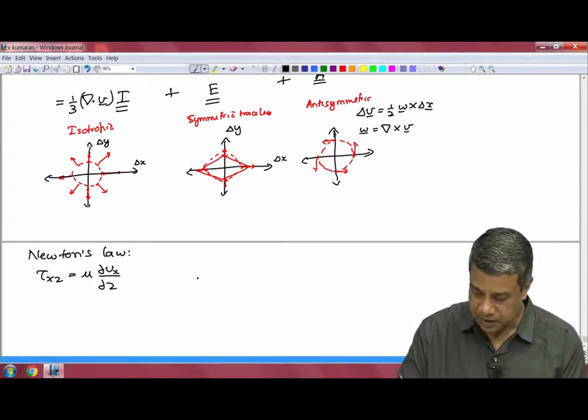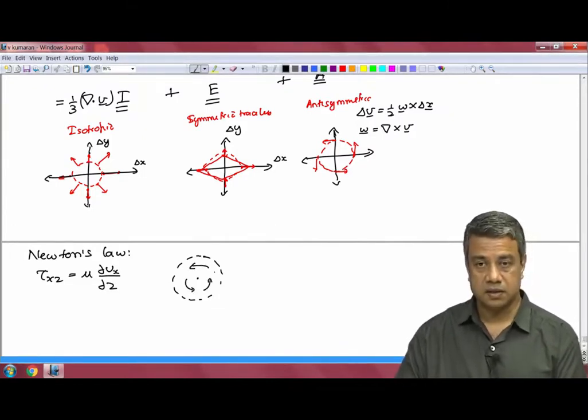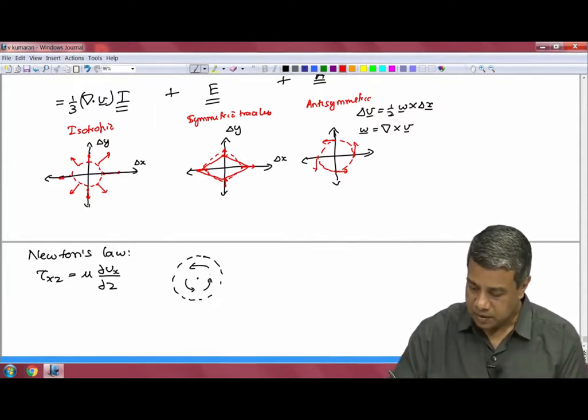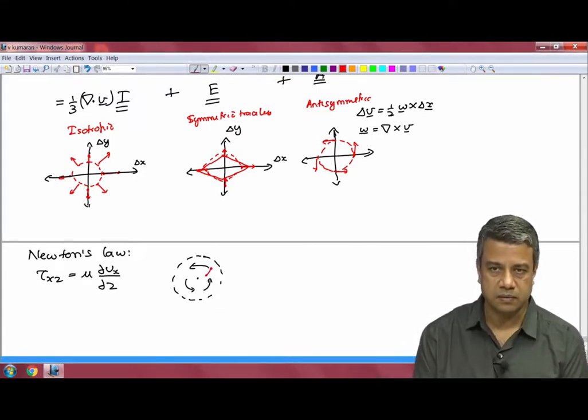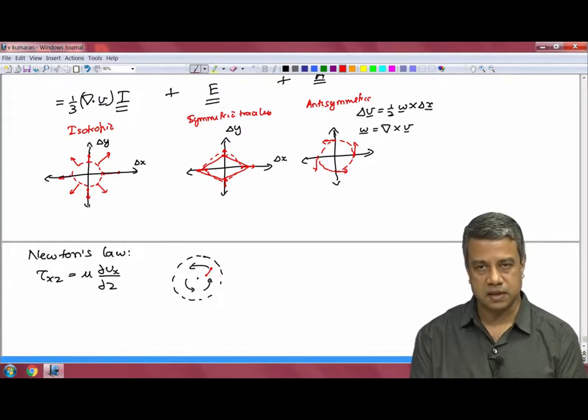If, for example, I have solid body rotation about a location, the material does rotate of course, but the material elements in the solid body rotation do not deform. As the material rotates, the distance between nearby locations within the material remains unchanged.